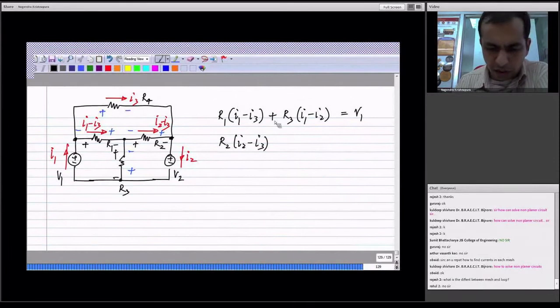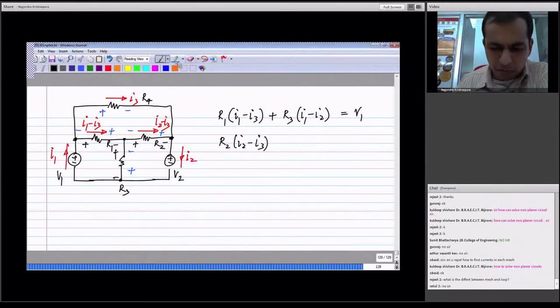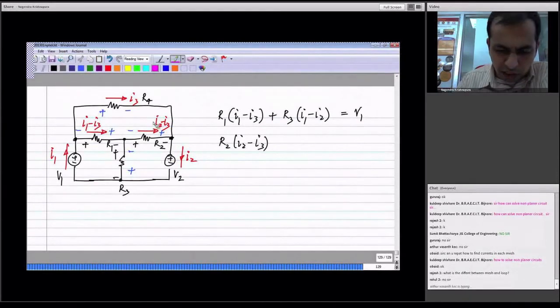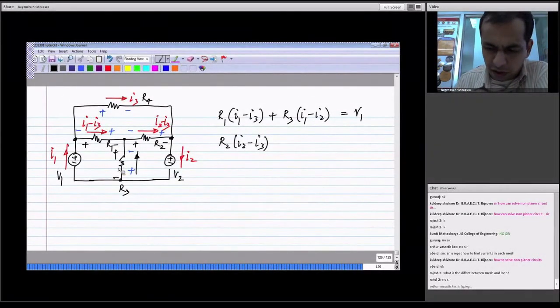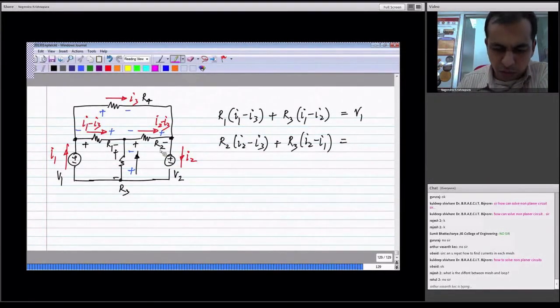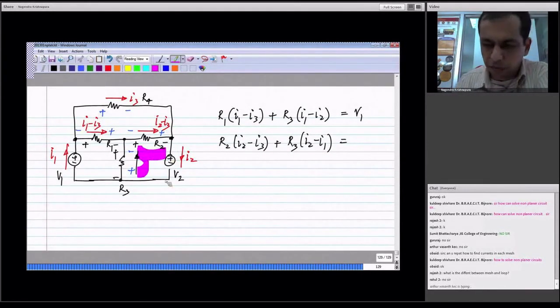So here the voltage drop across R2 plus voltage drop across R3, which is, if you look at it, the current in this direction times R3, is equal to minus V2, because this voltage drop is from here to there, and if you look at V2, it will be minus V2, if you look at the appropriate direction.